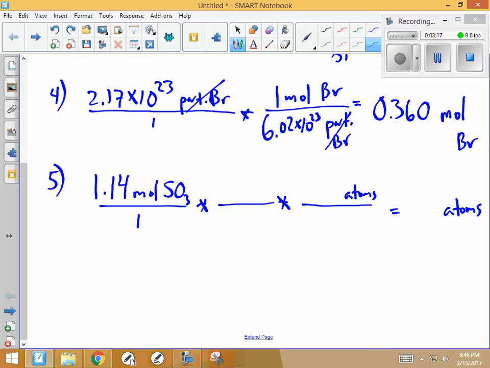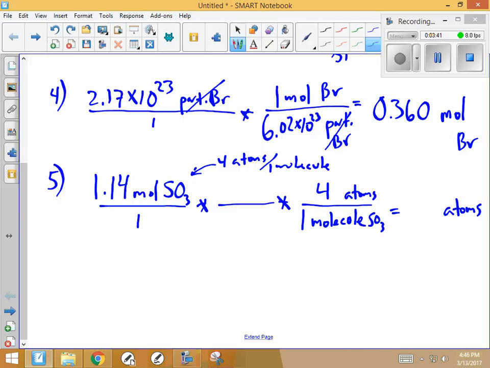What we know about sulfur trioxide is that there are 4 atoms per molecule, 1 molecule. So I'm going to use that conversion factor right here. There are 4 atoms per 1 molecule. And how many molecules of sulfur trioxide do we have?